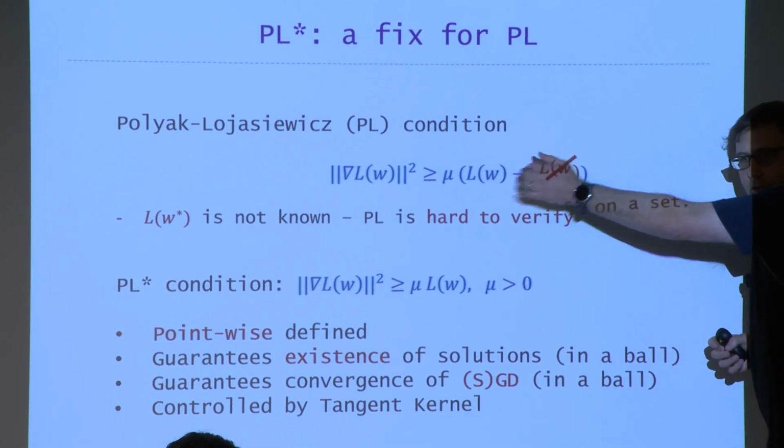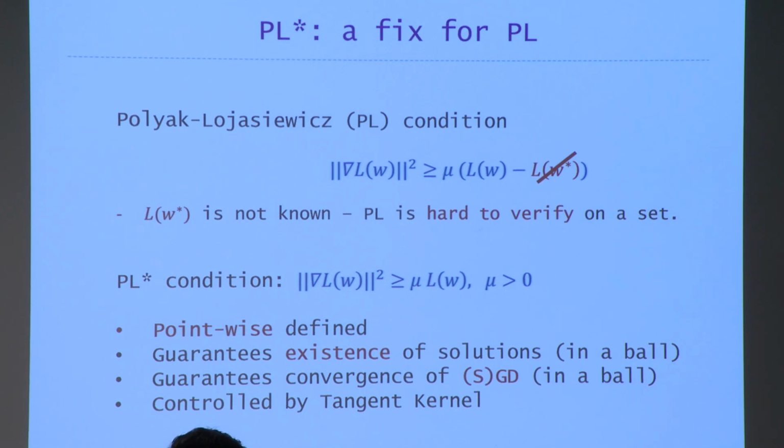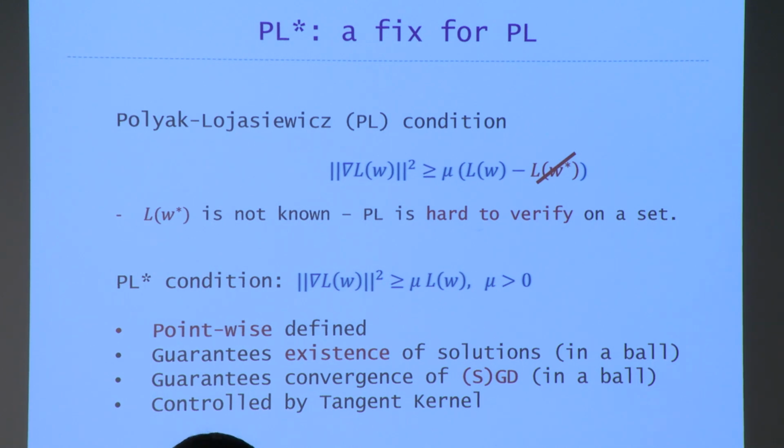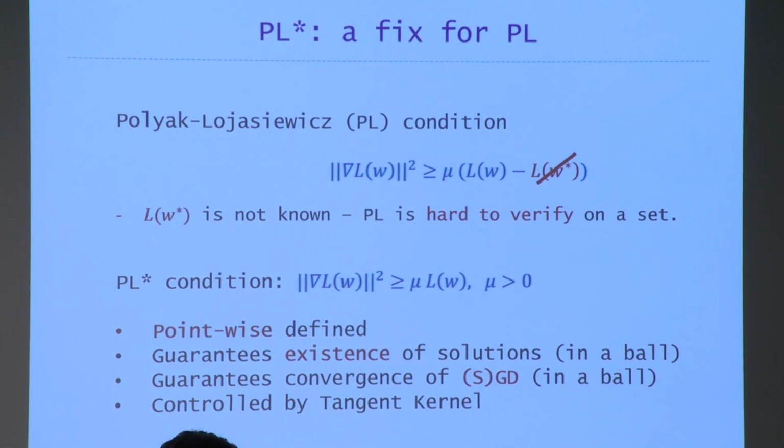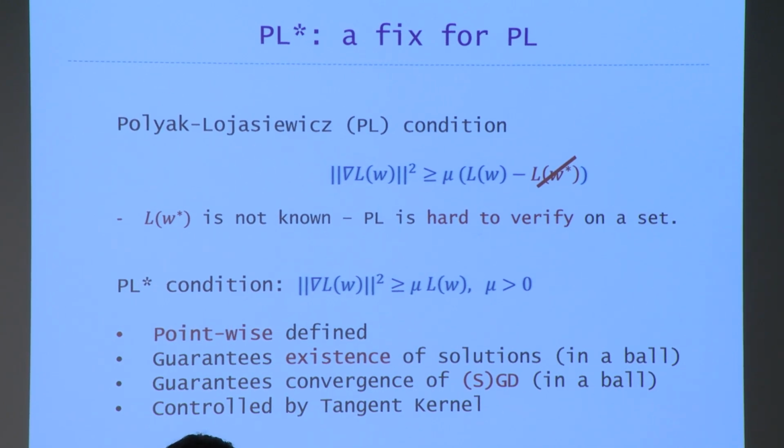So what do I mean by solutions? L of W equals 0. So that's my original system of equations, f of W equals y. That's one. It guarantees convergence of gradient descent with a fixed step size. Actually, what is more surprising, it guarantees even convergence of stochastic gradient descent with a fixed step size, which is not really the case for standard convex.